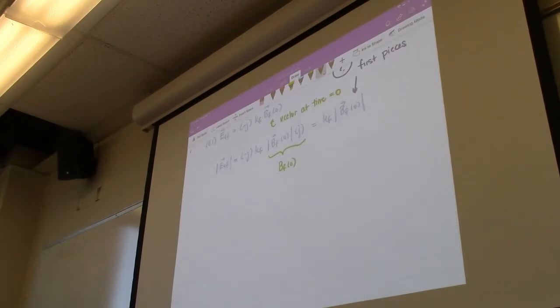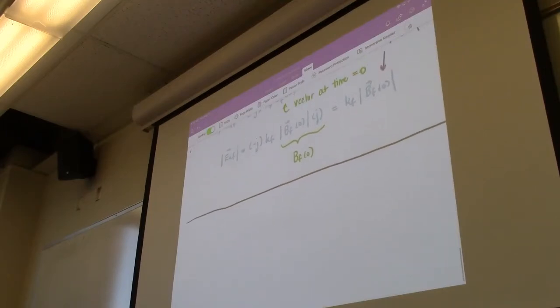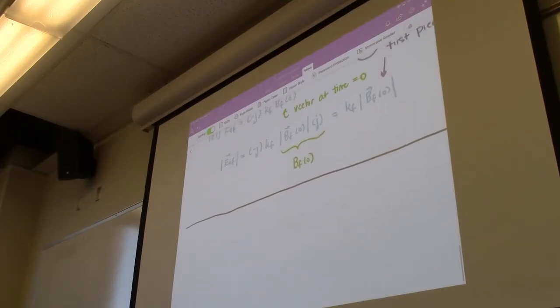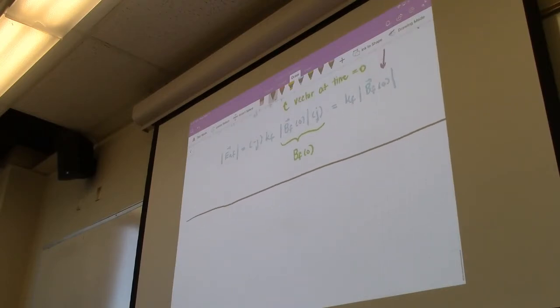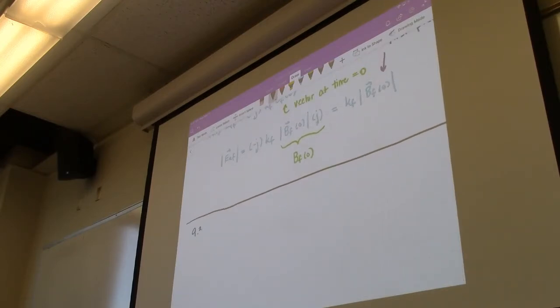So section 9.3.2 is induced EMF due to armature reaction.